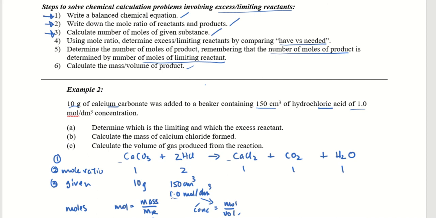We now tackle the crucial step 4, determining which is the excess and limiting reactant by comparing what we have versus what we need.